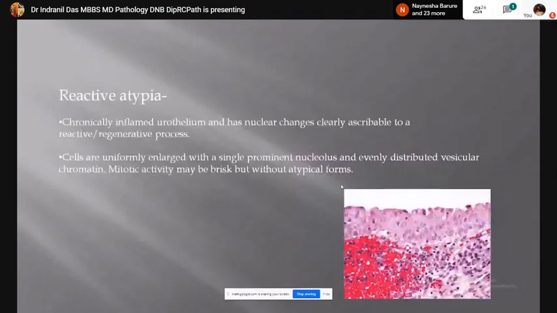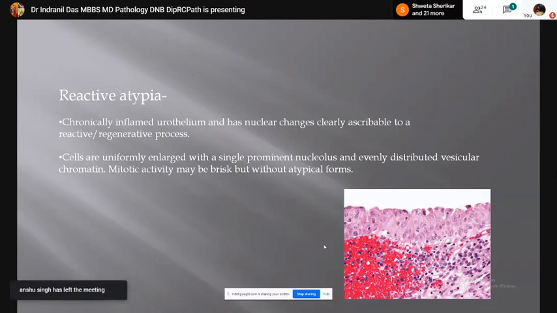The reactive atypia sometimes may simulate urothelial dysplasia, but the urothelium is chronically inflamed and inflammatory cell infiltrate is present in the background. Mitotic activity may be present, but atypical mitotic figures are not seen in reactive atypia.